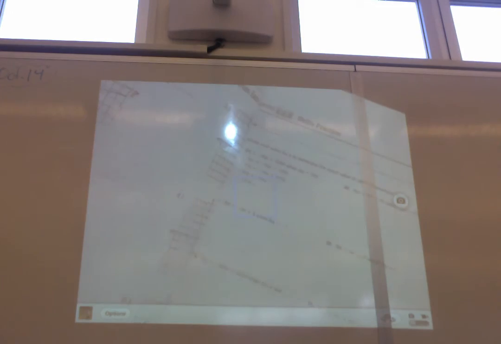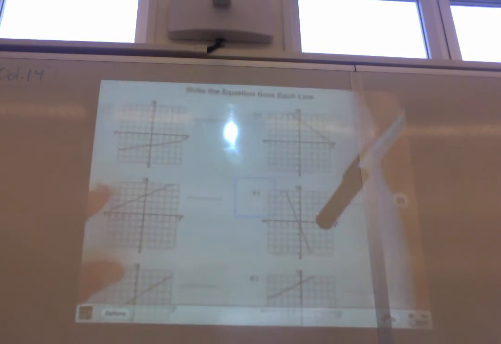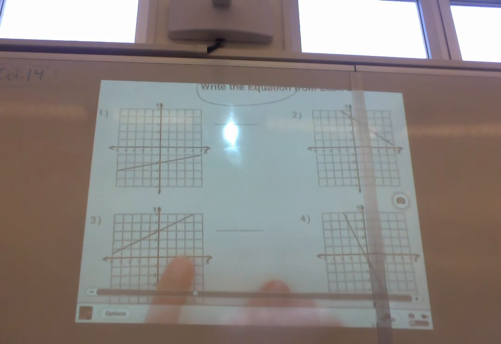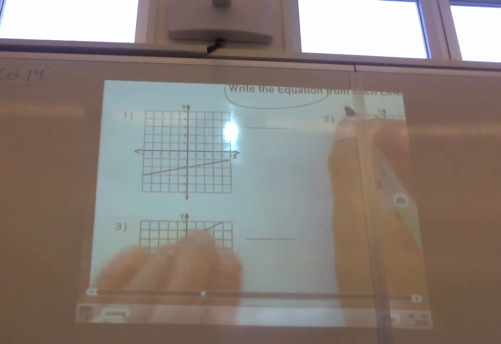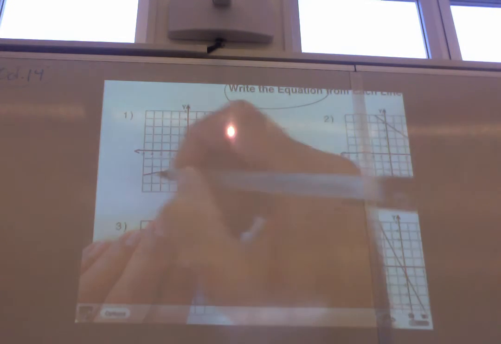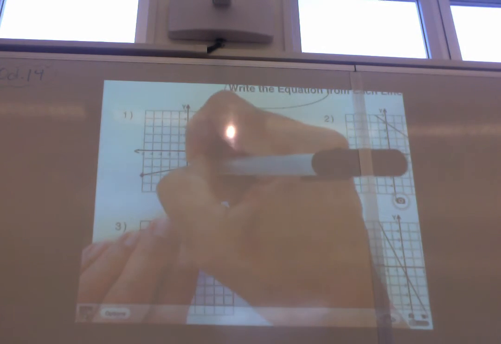On graphing, there's one more graphing page. This one's the hardest. They're all kind of related to each other, but they're looking at it in a slightly different way. I need to write an equation, and I have a graph. So looking at that graph, I need a slope and a y-intercept. To find a slope, I need to find two spots where it looks like it hits the grid exactly.